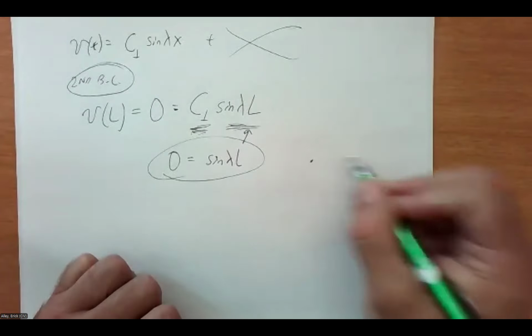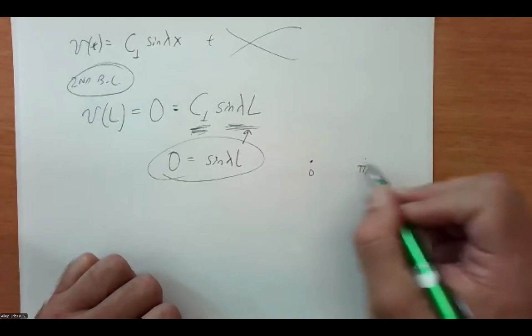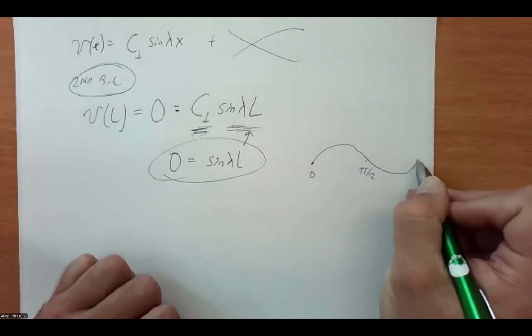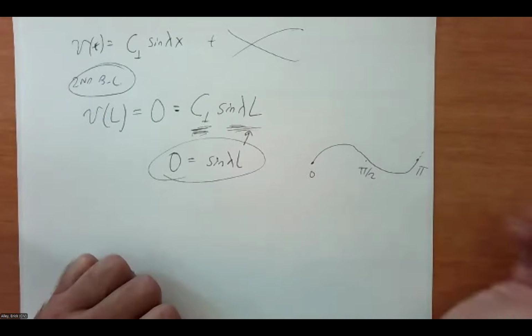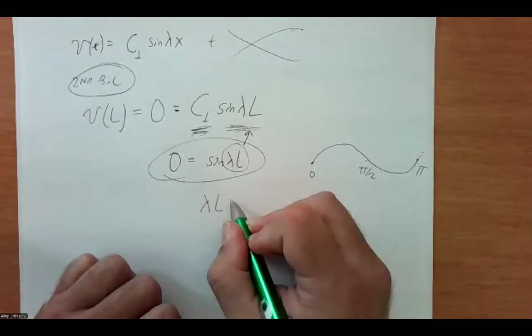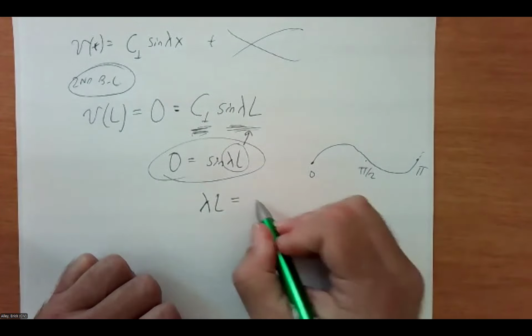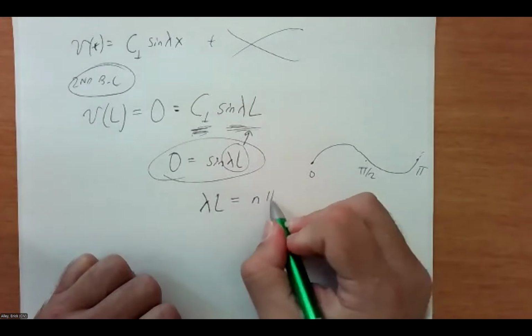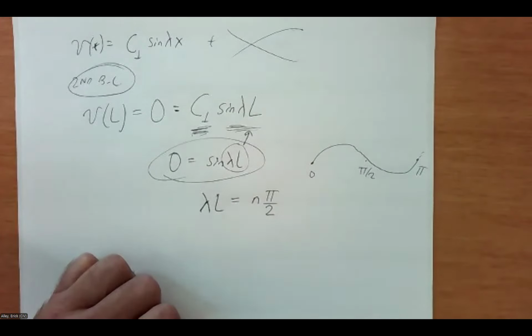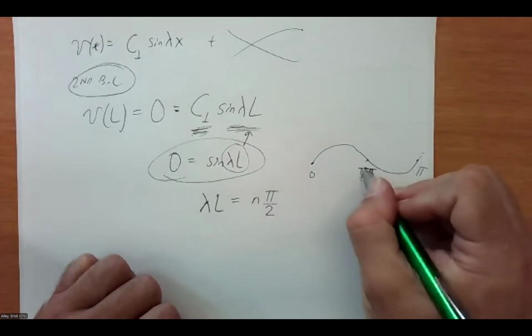And we know that sine is good at 0, it's 0. At pi, it's 0, and so on and so forth. So that means lambda L needs to equal some multiple of pi.